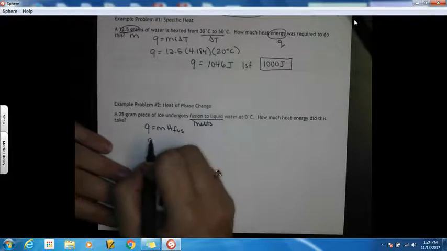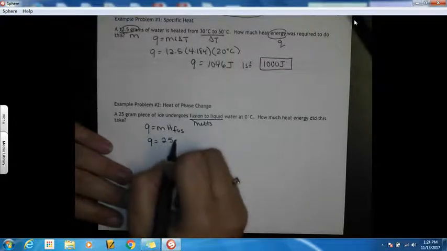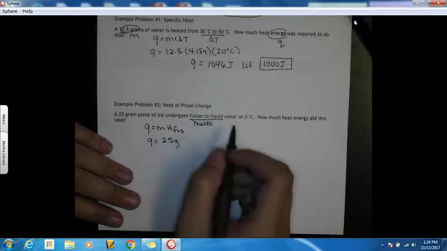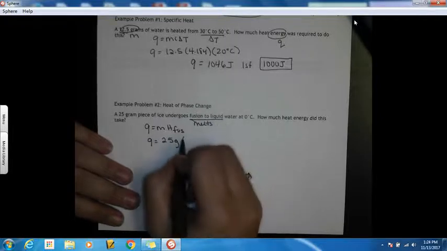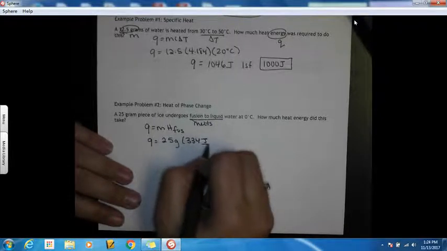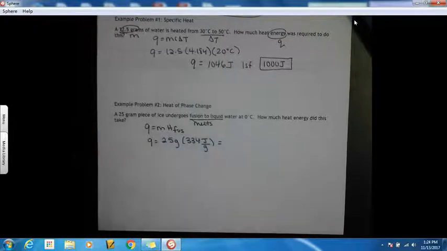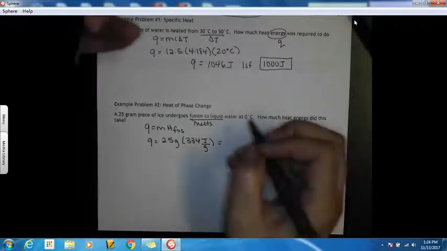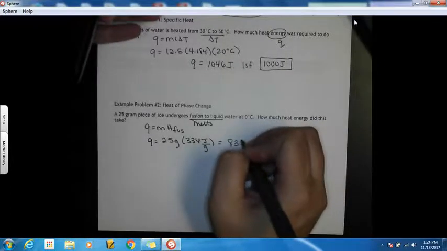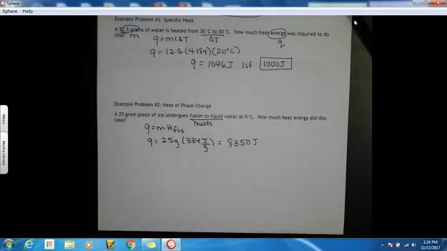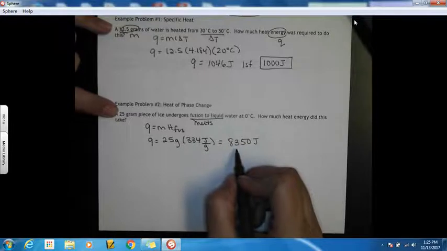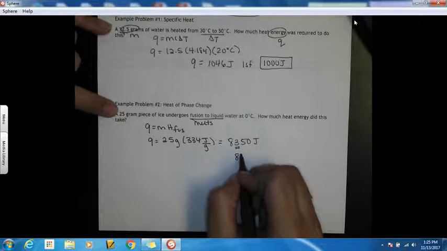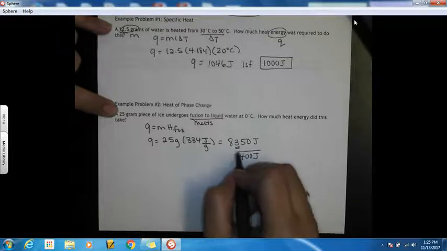And so we take our mass times our heat of fusion of water, which we find on our reference table, which was 334 joules per gram. And we multiply those together, and we get 8350 joules. The only measurement we took was mass, so that had two significant figures, so we need to round this to 2. 3 is our second significant figure, and we can round it up, so it becomes 8400 joules.